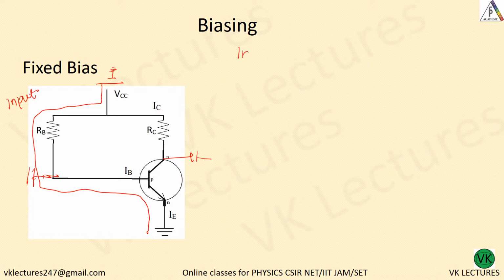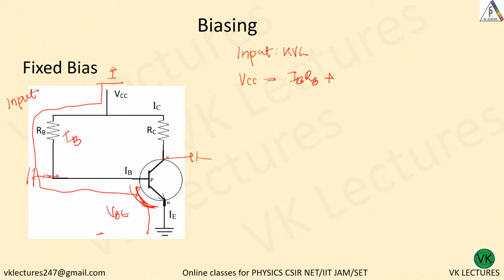Now let us apply Kirchhoff's voltage law to the input. VCC is equal to, once it moves through this side, you get IB here. IB is the current passing through the base. So IB times RB plus, there is a voltage drop across these two ends, called VBE, base to emitter.